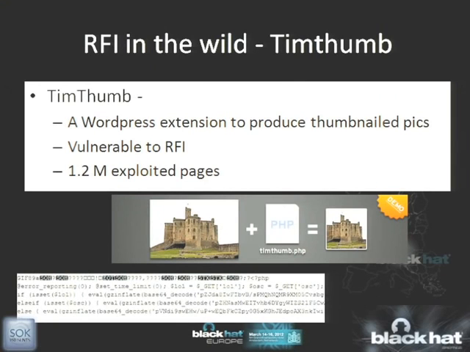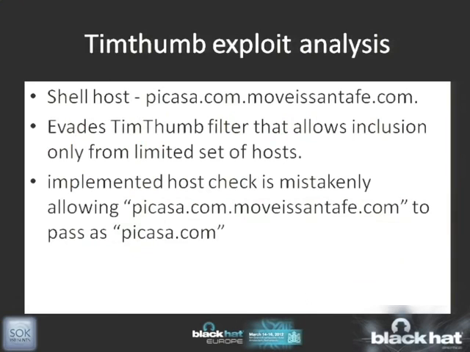And this is beneath the screenshot of the shell that we will discuss in the coming slides. But first, let's talk about where the shells were hosted. And this is just an example.